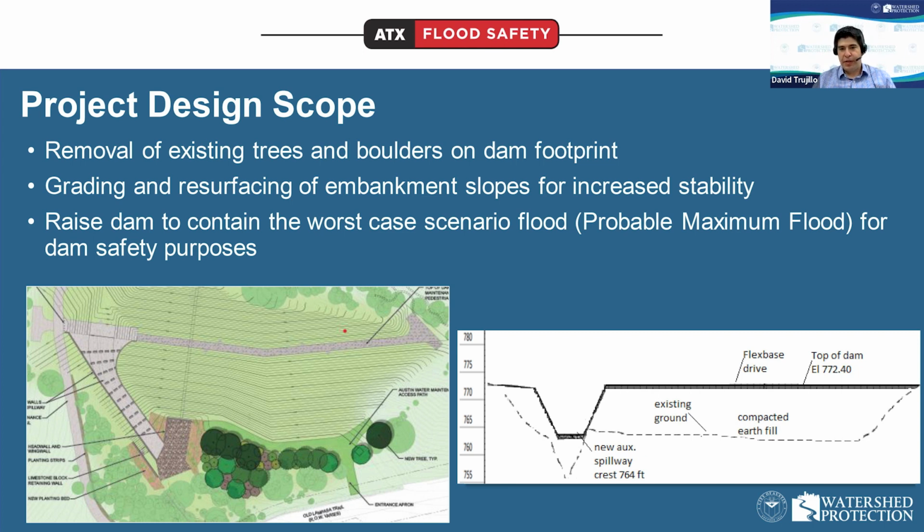There are places that it could be close to 10 feet, but overall, I think it's around 8 feet higher, going from like 765 feet elevation to 773, and it's now going to have an even elevation. And again, the reason we're doing it is because we need to be able to contain and safely pass that probable maximum flood, which is the standard to which the dams are designed to make sure that they don't run the risk of overtopping.